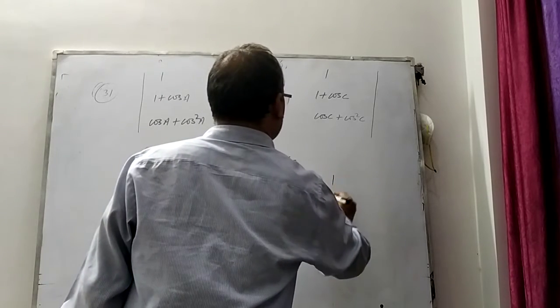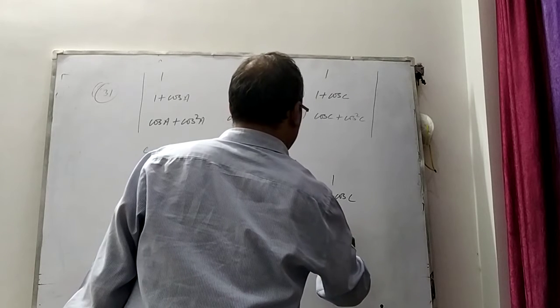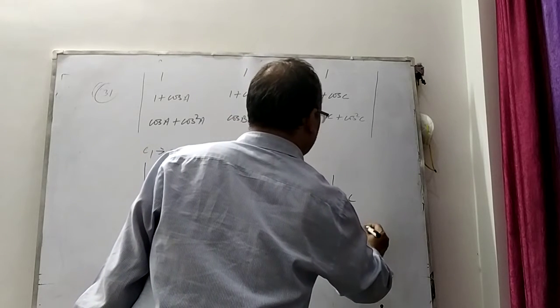And this will be 1 plus cos C plus cos square C.